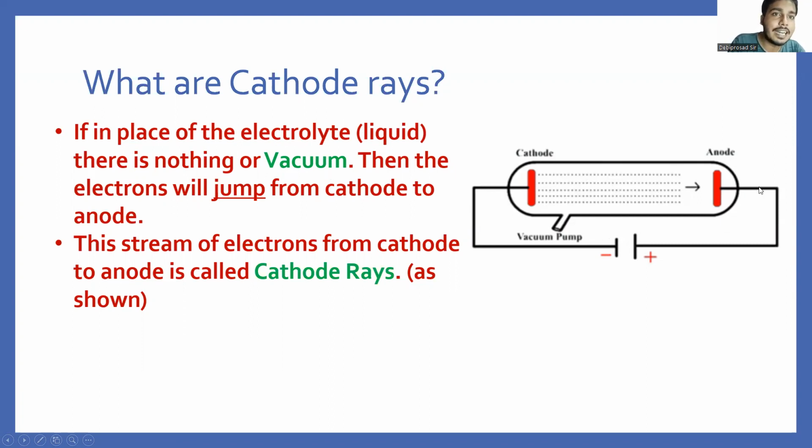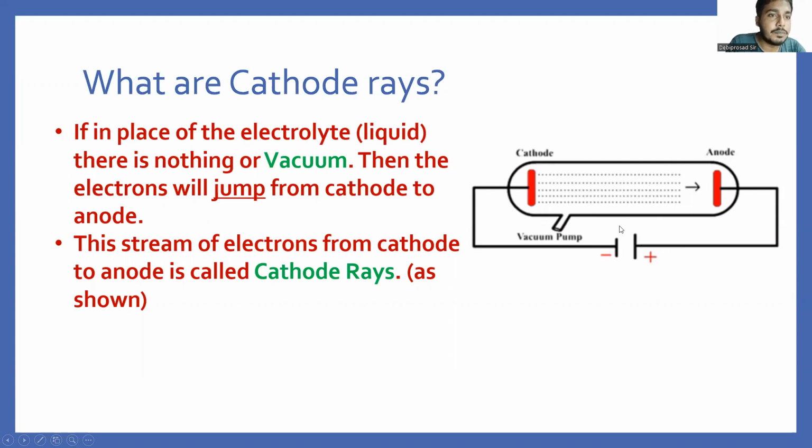We will connect the anode with the positive side of the battery and the cathode with the negative side of the battery. That means when we switch on, the electrons will jump from cathode to anode. As you can see, these dotted lines represent the flowing electrons from the cathode to the anode. We also have to remind that this battery is a very high voltage battery, which we will cover in the experiment part.